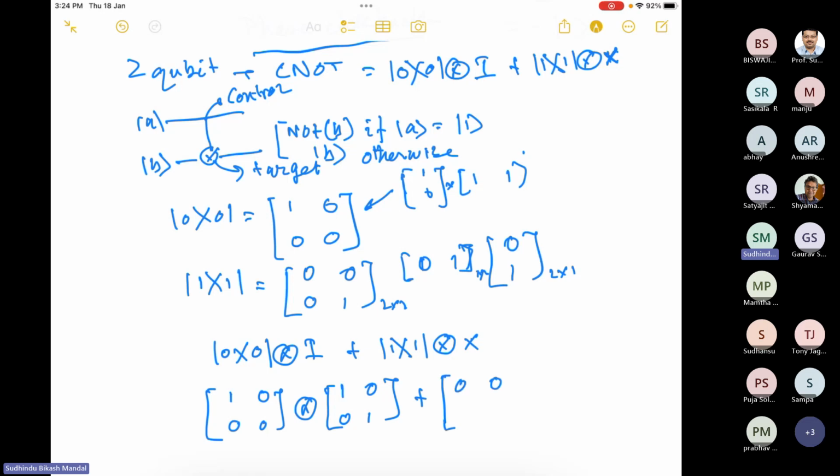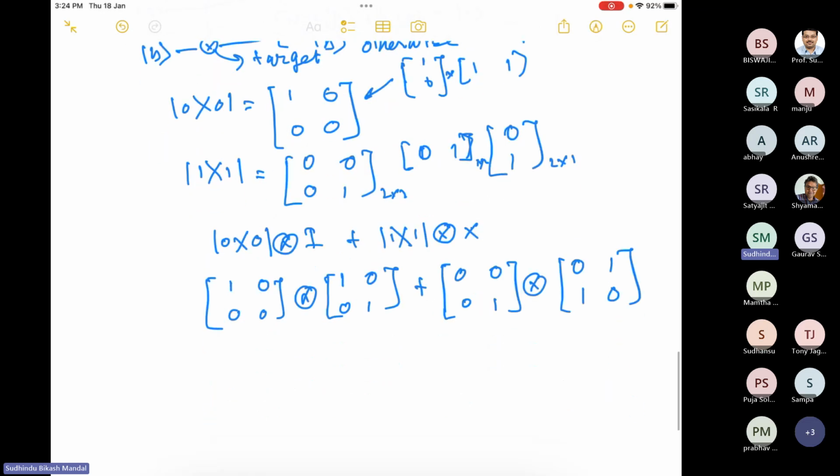And here 0 0 0 1, and this X gate matrix. Now each of these is 2 cross 2, so after this tensor product it will be a 4 cross 4 matrix, because the tensor product makes a higher space.